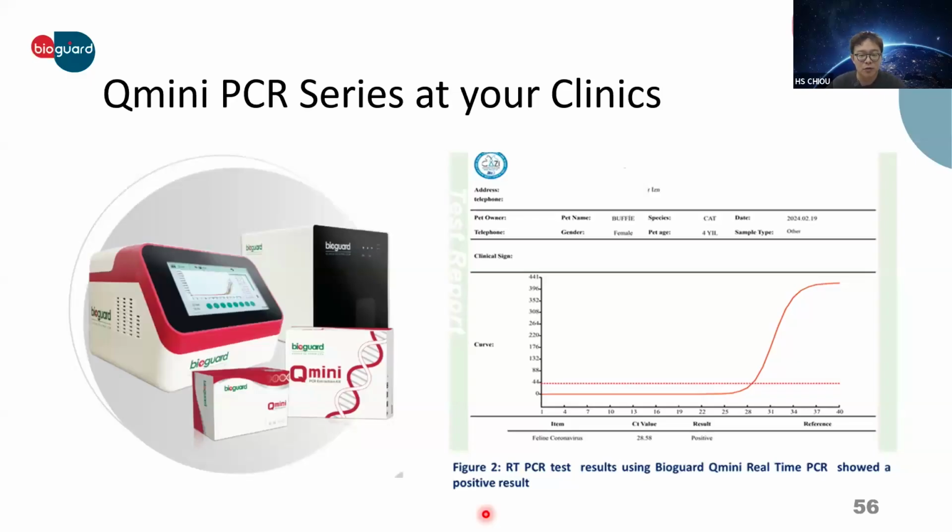So when these molecular tools are used alongside histopathology and IHC, they help us move closer to a precision medicine approach. By integrating morphology, immunophenotype, and pathogen detection, we can build a more complete diagnostic picture and ultimately provide better, more targeted care for our patients.